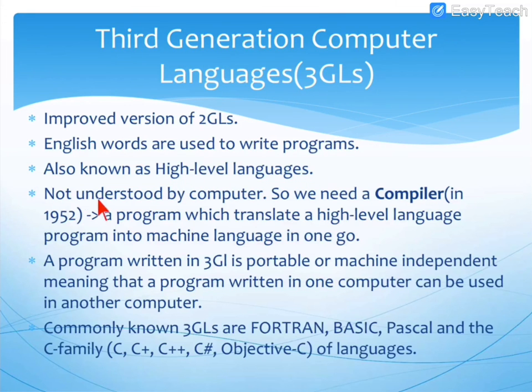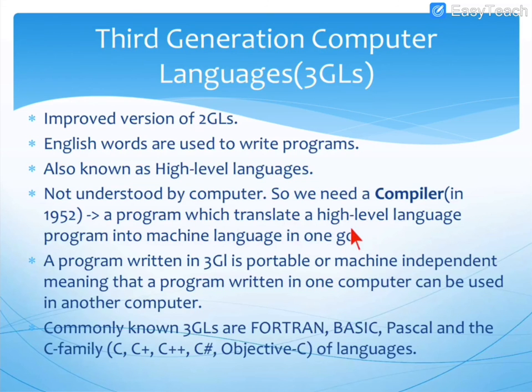Again, these languages are not understood by the computers very easily. So we need a compiler. What does a compiler do? A compiler works like an assembler, but it is a little different from the assembler. A compiler converts the whole program written in 3GL into machine code, and it does that in one go.